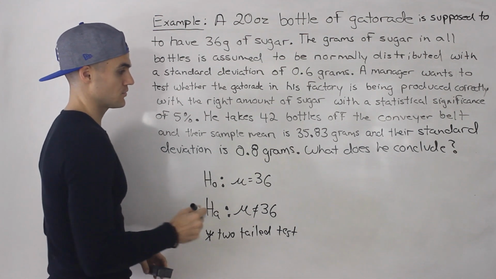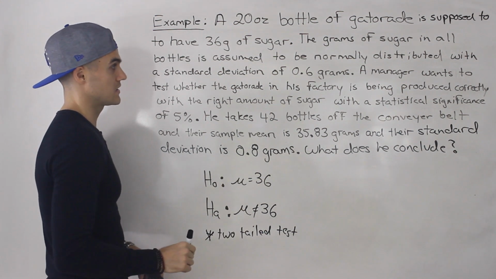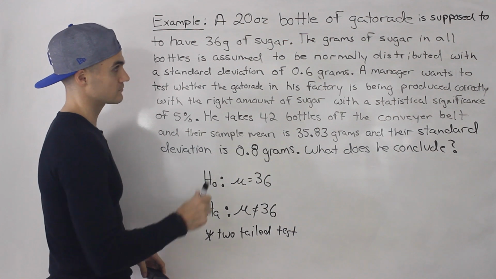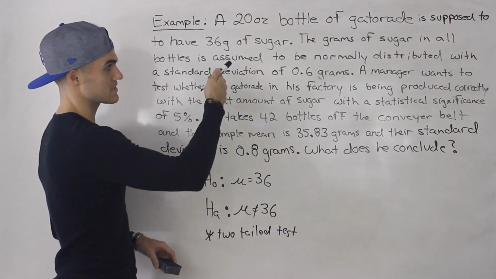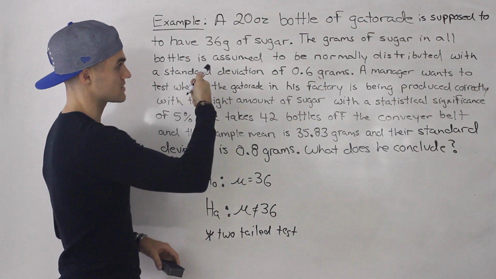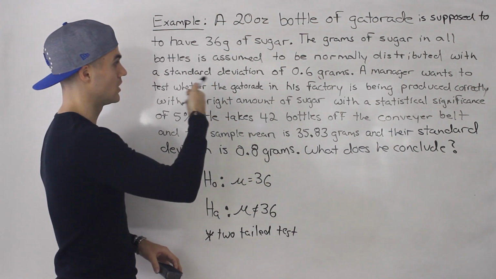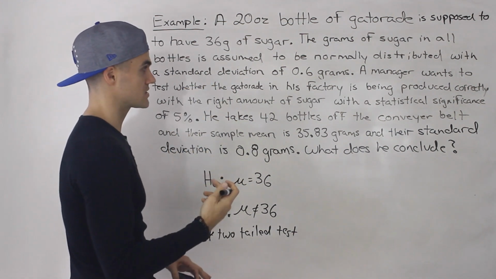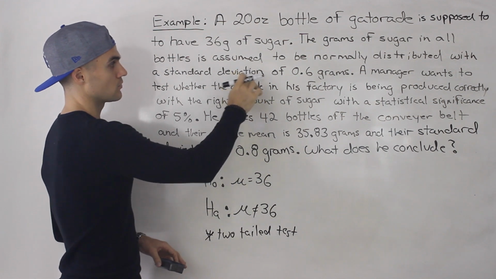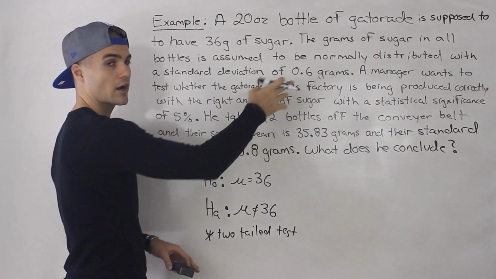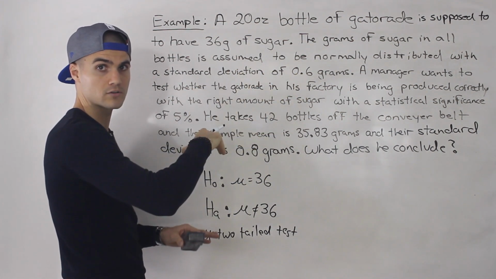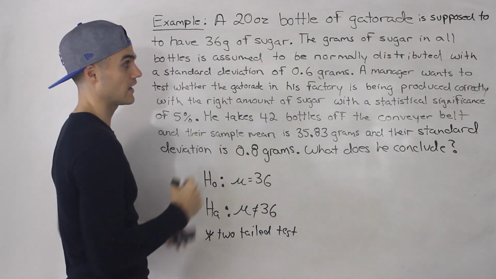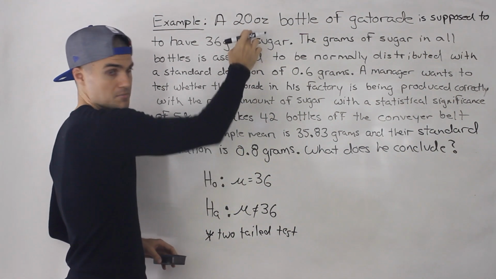Next thing I like to do is write out what I am given. So let's go through these sentences. The grams of sugar in all bottles is assumed to be normally distributed with a standard deviation of 0.6 grams. When they give you this, they're talking about the population of all bottles in the whole Gatorade company, all 20-ounce bottles.